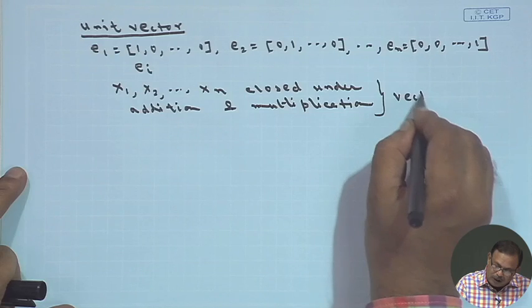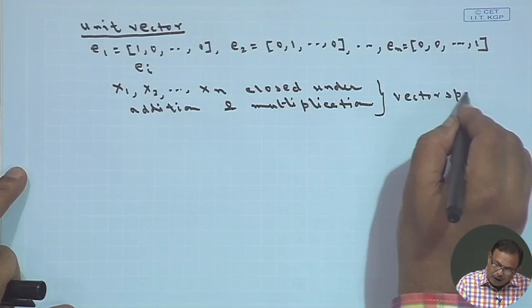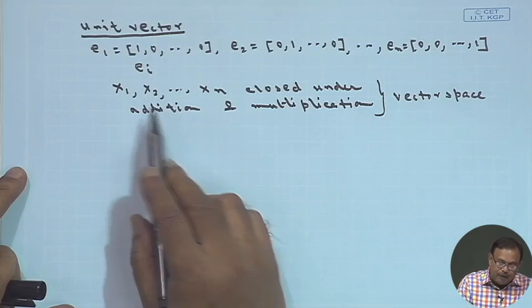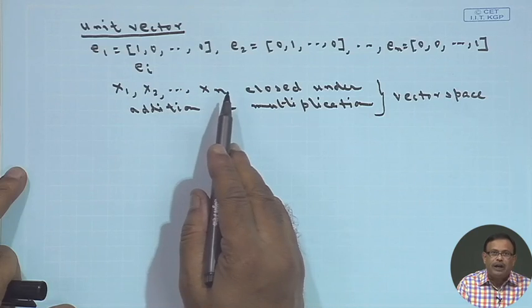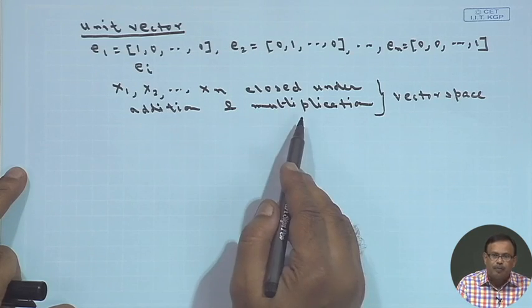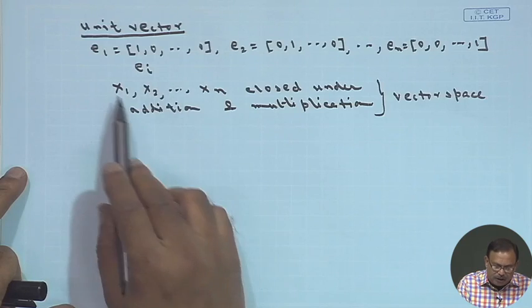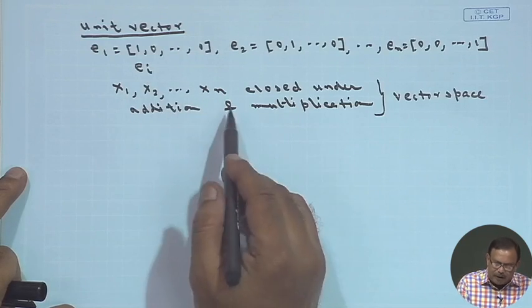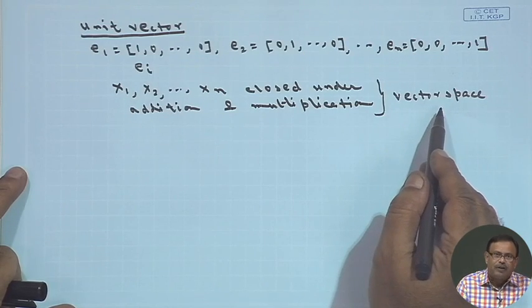So, basically what is a vector space? If I have a set of n vectors x1, x2, ..., xn, which is closed under addition and multiplication, then this set of n vectors will form a vector space.